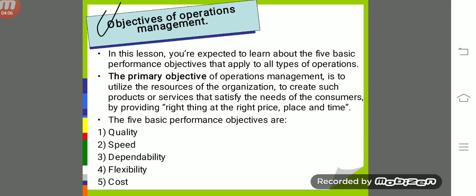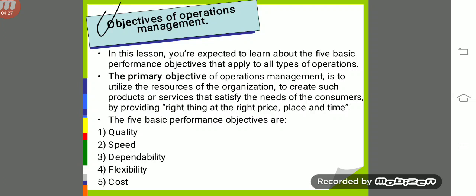Okay, the next point is objectives of operation management. In this lesson you are expected to learn about the 5 basic performance objectives that apply to all types of operation.